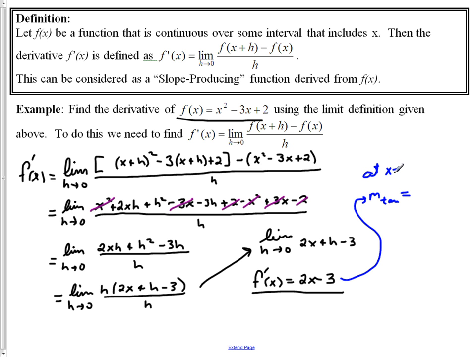Let's try x equals 1. At x equals 1, the slope of our tangent line right here, we now know to be 2 times 1 minus 3, which is to say negative 1.